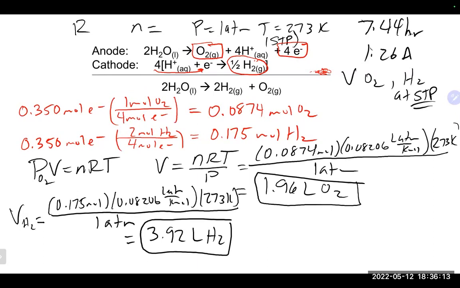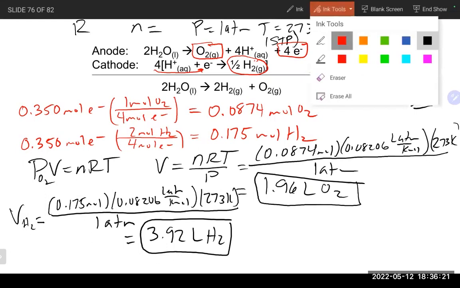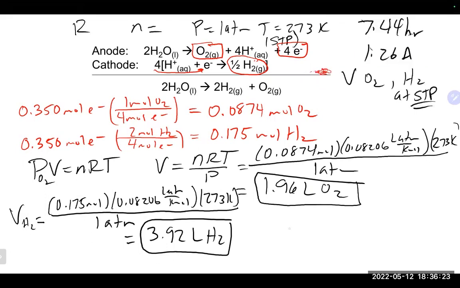First off, any questions on those calculations? Could I have solved it a different way? I could have, if you remember this relationship, that since we were at STP, 1 mole of any gas equals 22.414 liters.